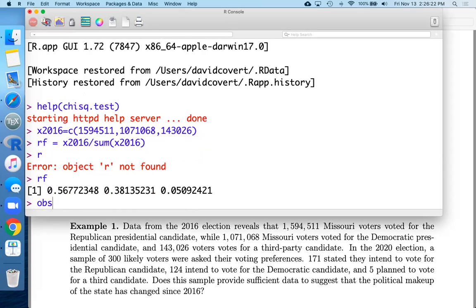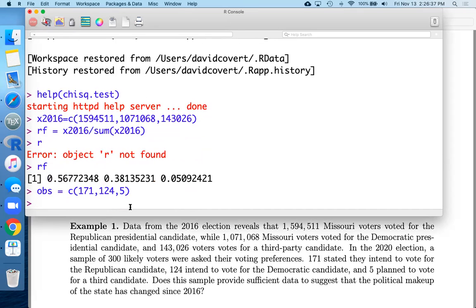And from this, we're going to look at the observed values. From our sample of 300, our observed values were 171 Republican, 124 Democrat, and 5 third party.